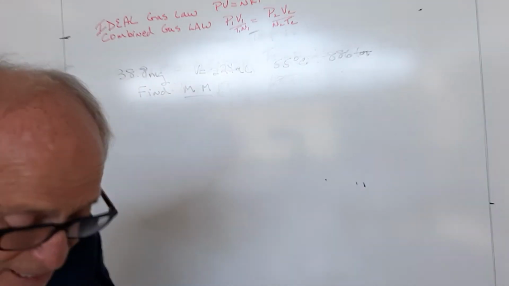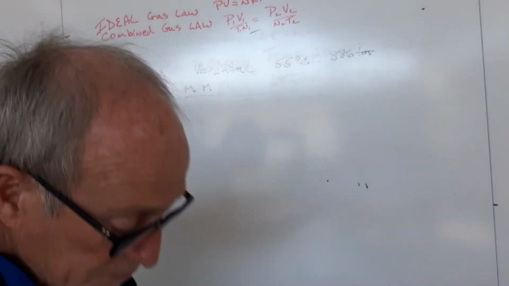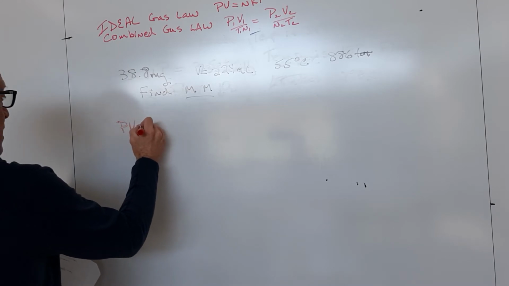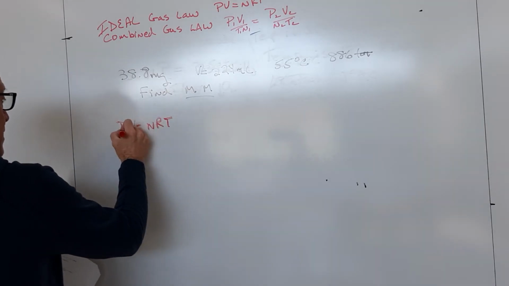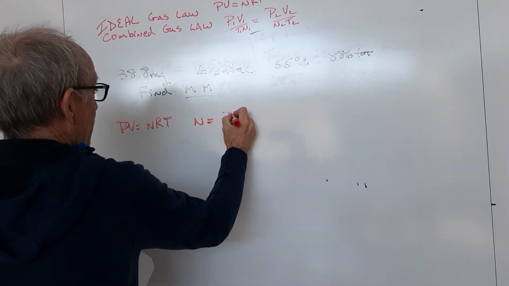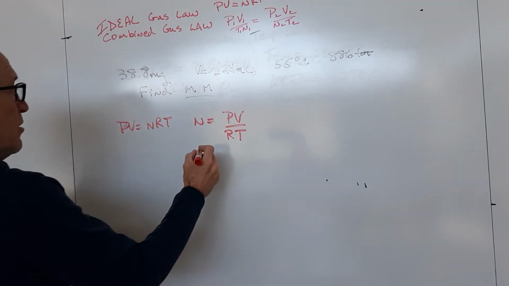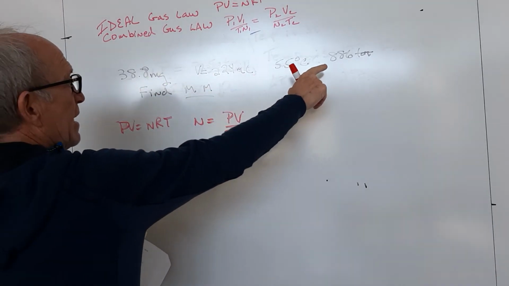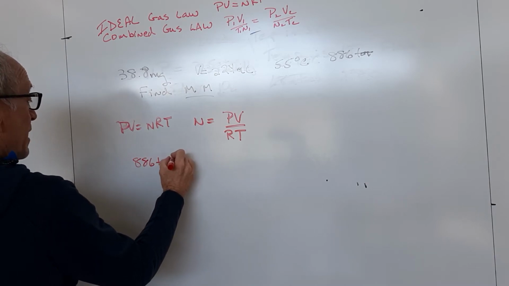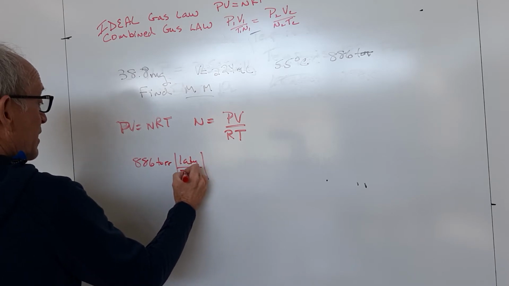It's going to be the same thing. PV equals nRT. Once again, PV equals nRT, and we're going to solve for n. n is equal to PV over RT. And so pressure is 886 torr. We'll change that to atmospheres: 1 atm equals 760 torr.